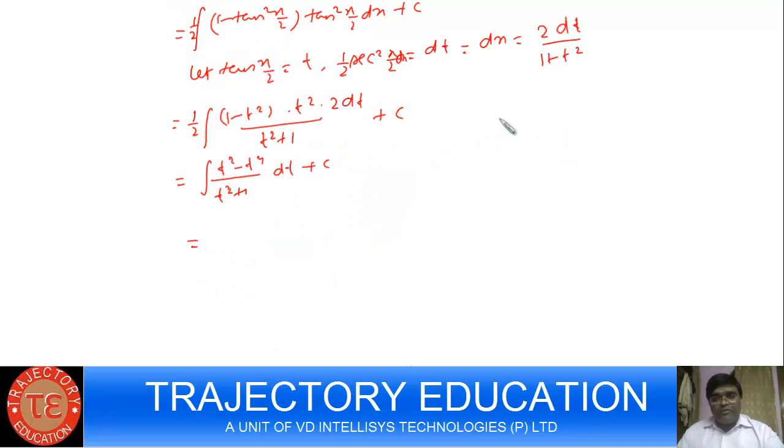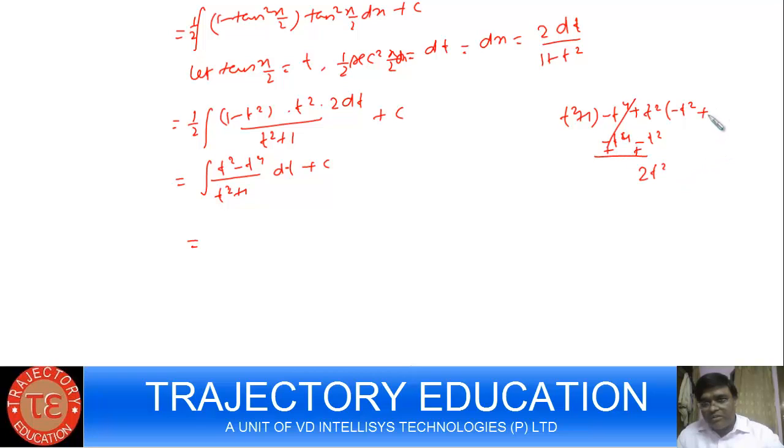Plus a constant. If I multiply this by t square plus 1 and this is t to the 4, I divide it: minus t to the 4 plus t square, and the quotient comes out to be minus t square plus 2, with remainder minus 2.